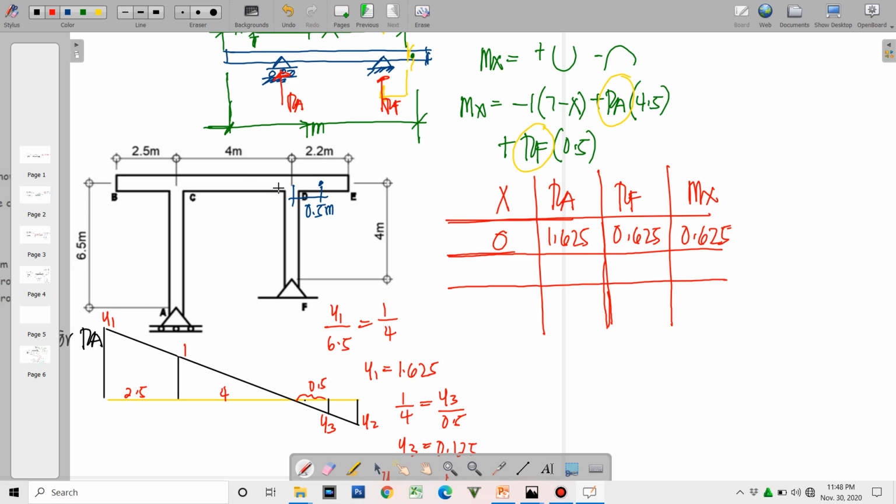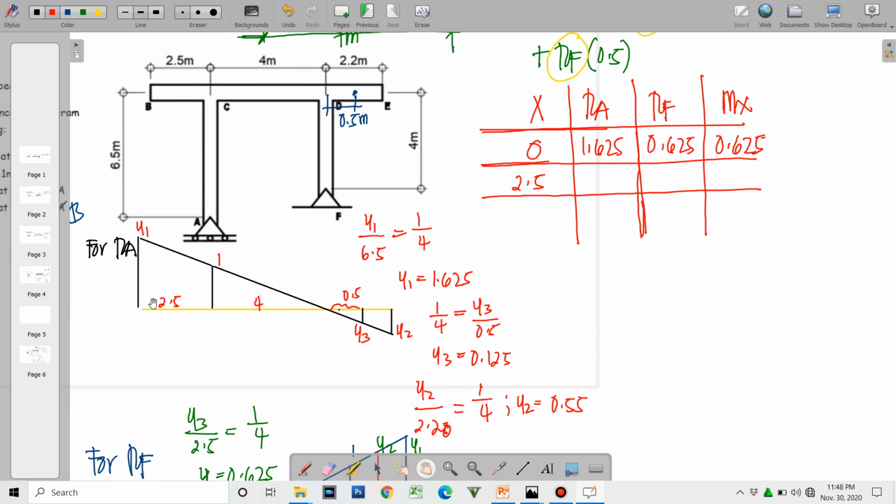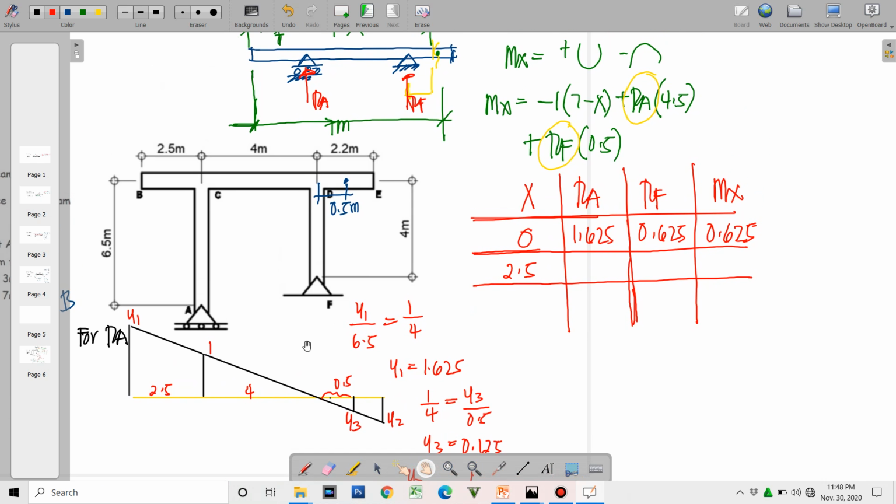Next, so let us move our unit load 2.5 meters from point B. So 2.5 meters from point B, again, we refer to the ILD of RE. So as we can see here, RE will just be equal to 1.